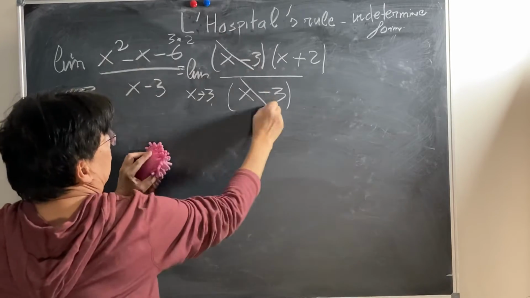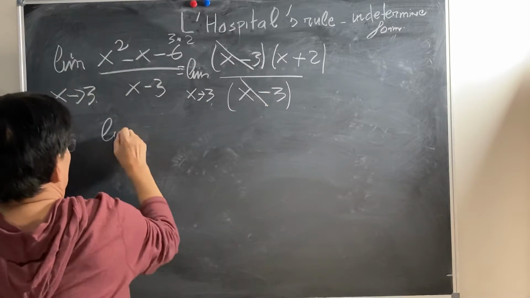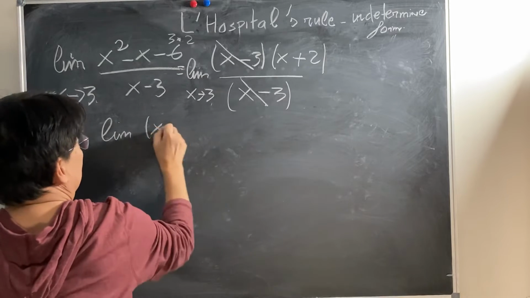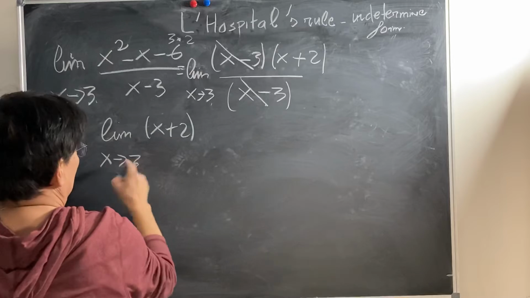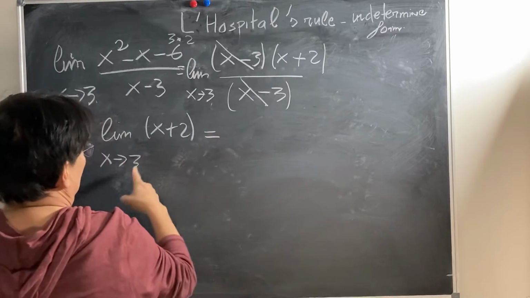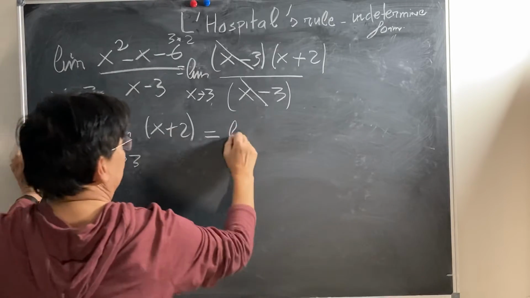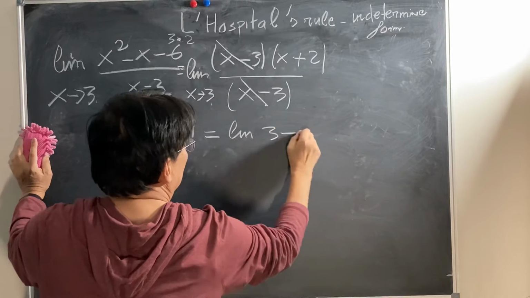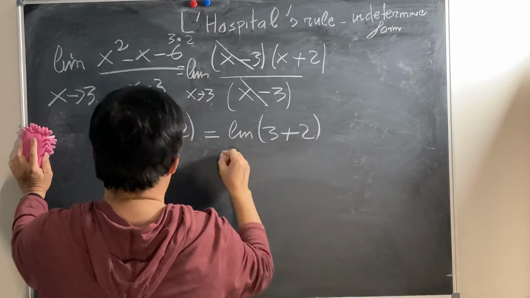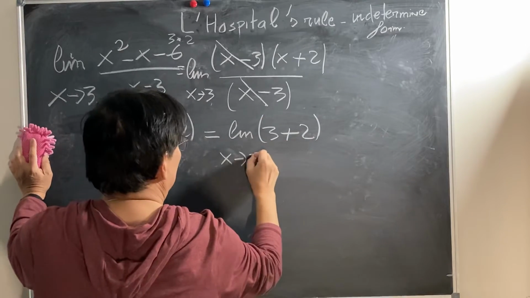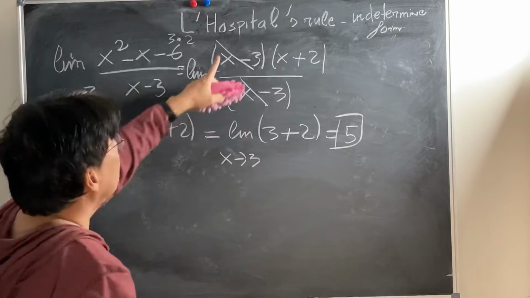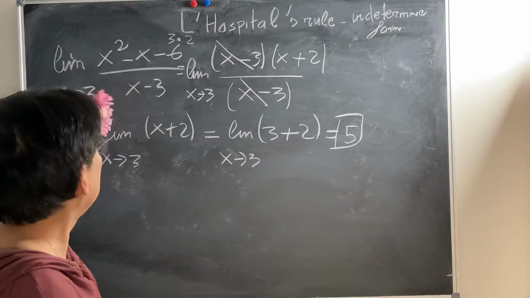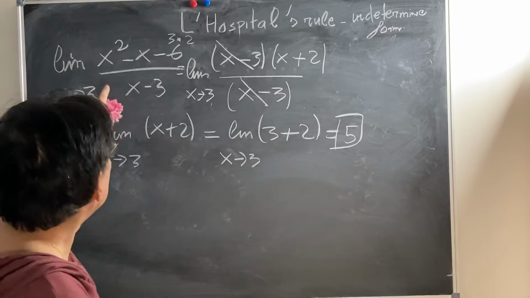You can cancel the x minus 3, and you will have the limit of x plus 2 as x goes to 3. Substitute here: you have 3 plus 2, which equals 5. We got the same answer as with L'Hopital's rule.